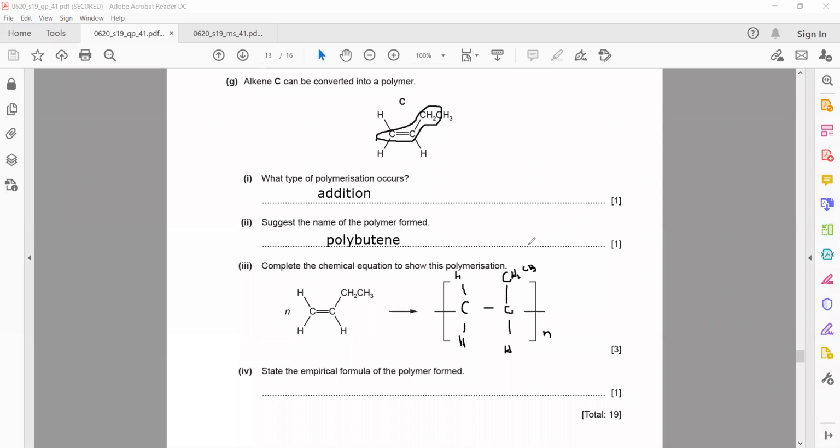And what is the empirical formula for the polymer? Any kind of addition polymer or monomer: because alkenes have the empirical formula CH2, all have CH2. Empirical formula means the simplest ratio. The empirical formula of all addition polymers is the same, which is CH2.